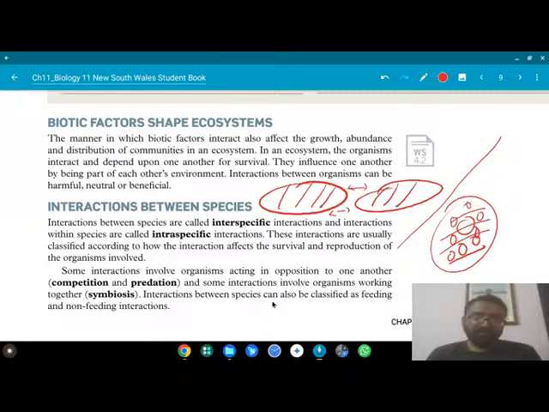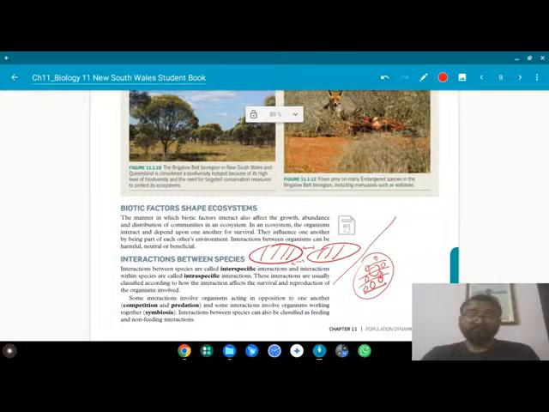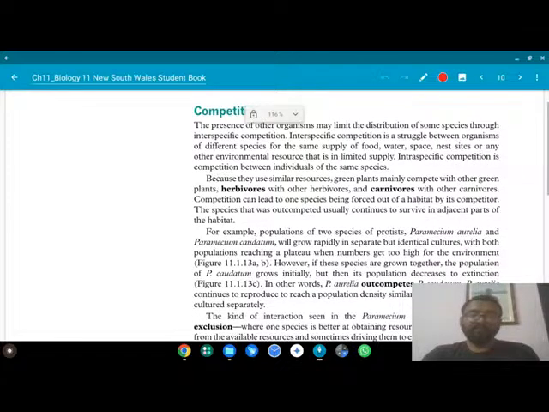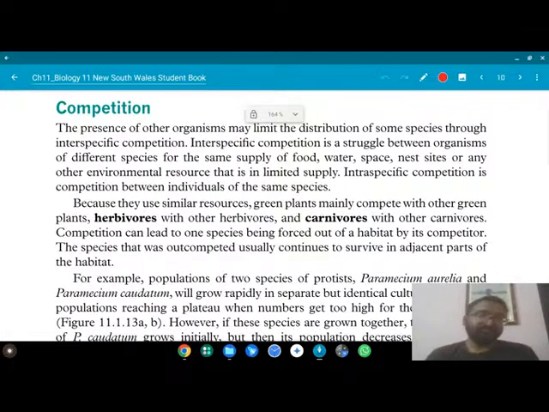Interactions between species can also be classified as feeding and non-feeding interactions. There are several things to understand in ecology. First, competition. The presence of other organisms may limit the distribution of some species through interspecific competition.